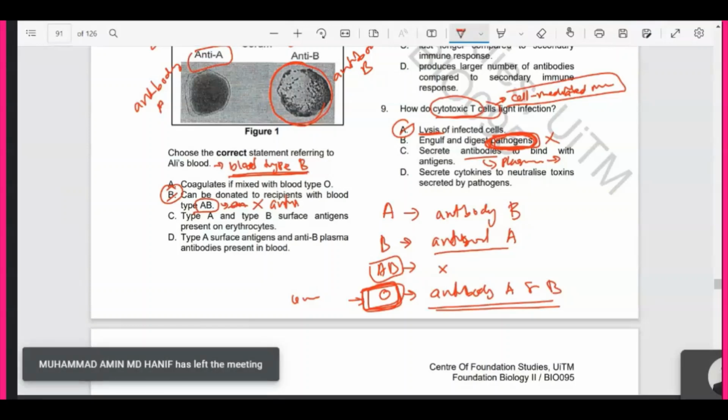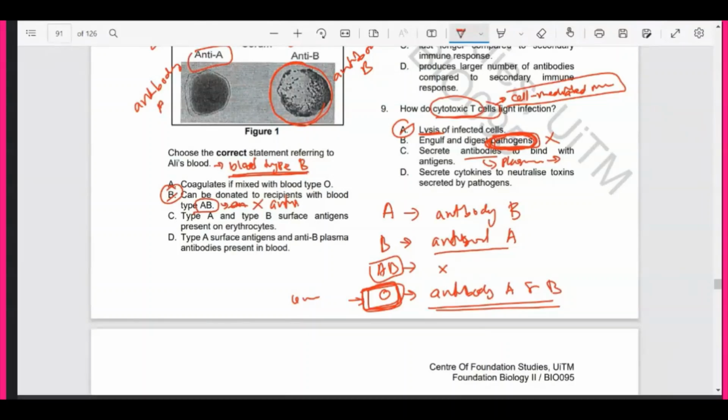If the pathogen is roaming inside your body fluid, what is that? Blood, lymph and also interstitial fluid.